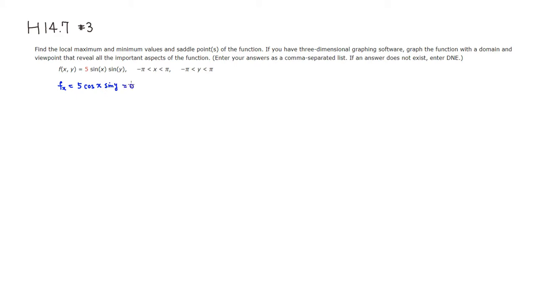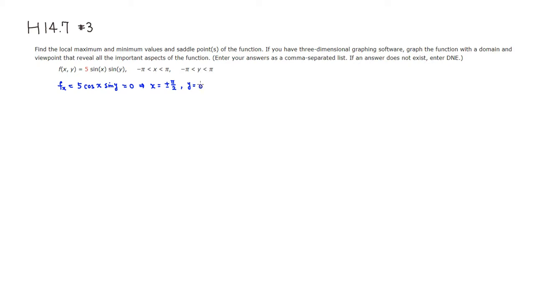In order to make cosine of x equal to 0, x is going to be either plus or minus pi over 2. Or we can make sine of y equal to 0, so y is equal to 0.